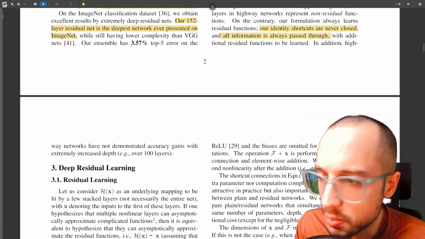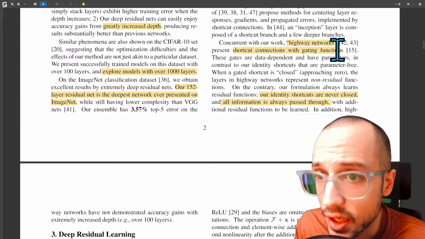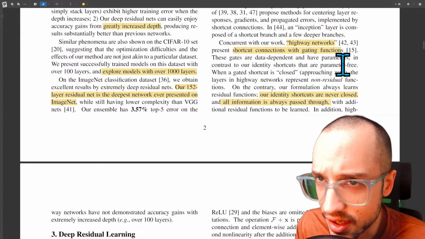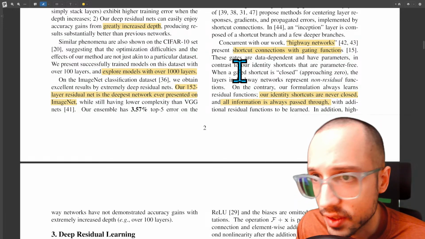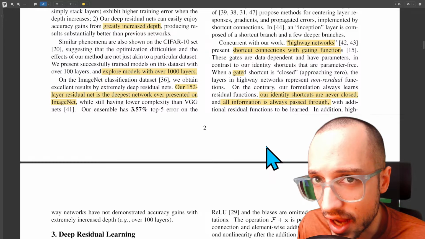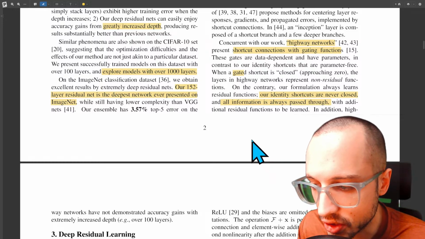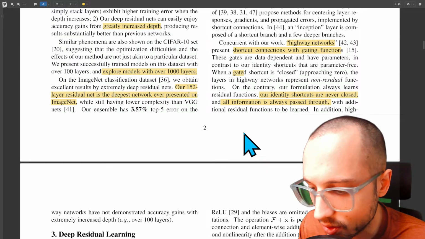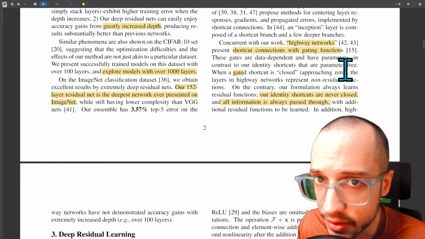Yeah, and there's something beautiful here. Highway networks had this additional complexity of a gate, with different parameters and more complicated logic that either closes the gate, opens the gate, or lets specific types of information flow through.